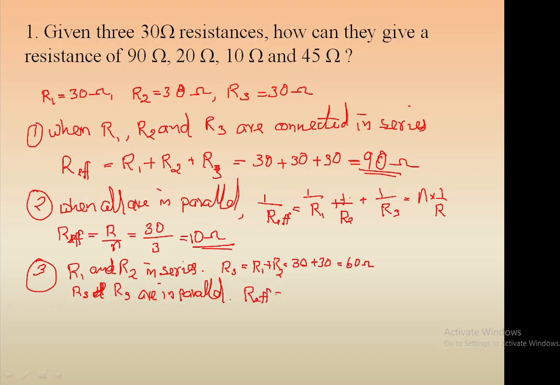The R effective is equal to Rs into R3 divided by Rs plus R3, that is equal to 60 into 30 divided by 60 plus 30.